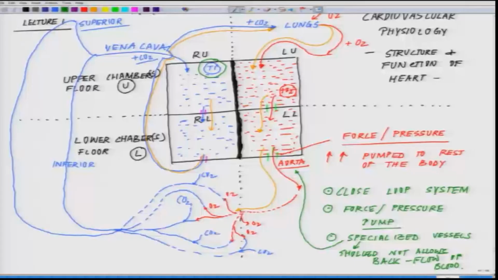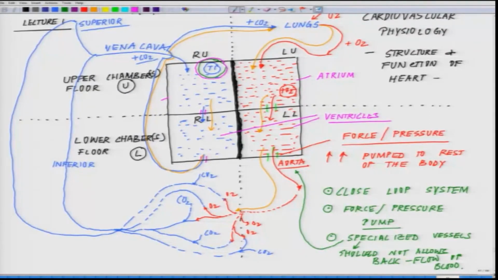First event out here, look at it: blood arriving at the right upper chambers. Before I get to that, these upper chambers anatomically I will call atrium, and these lower chambers are called ventricles. These are the anatomical names.